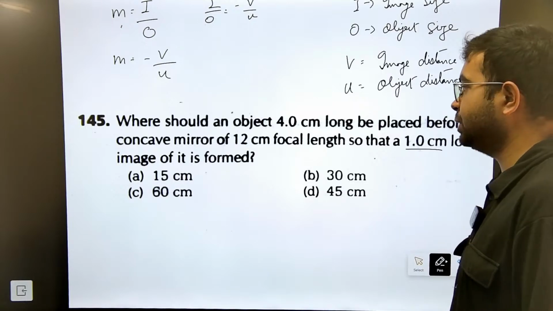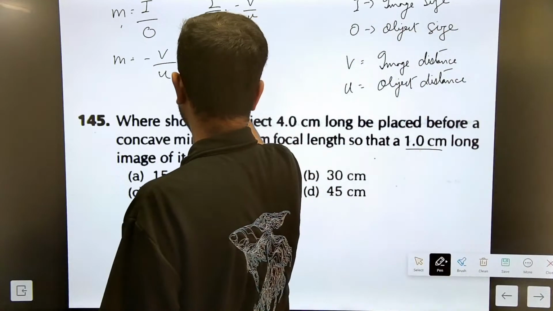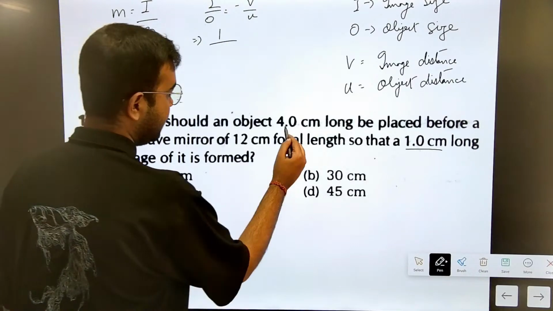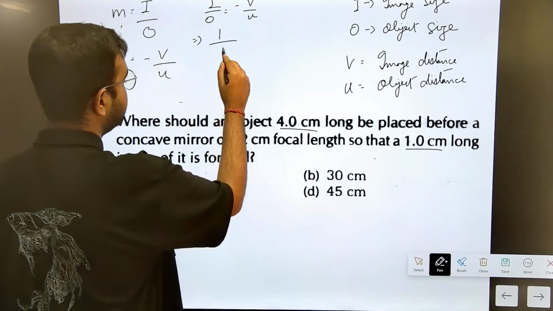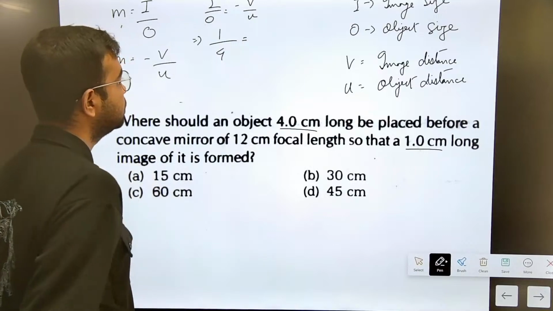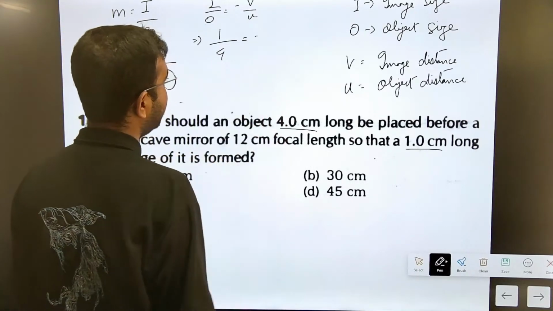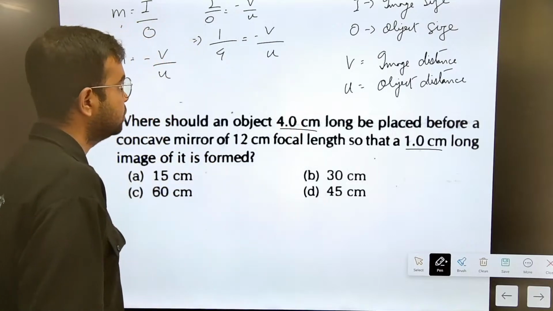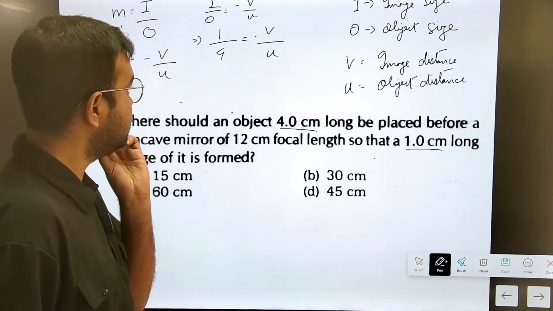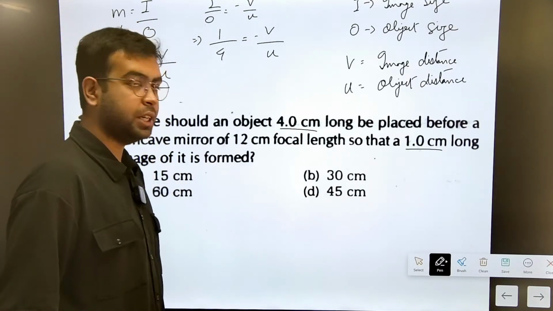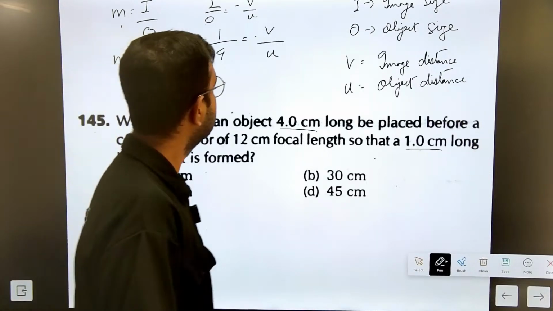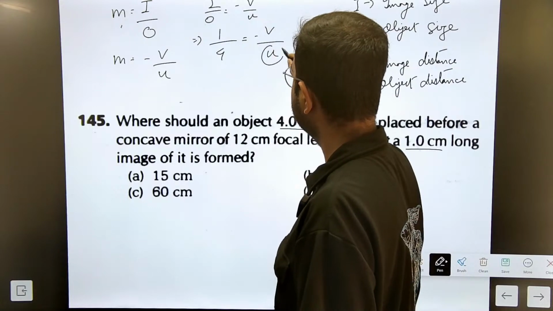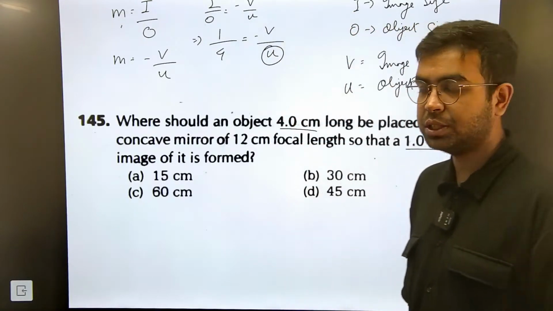Image size in the question is 1 centimeter, ठीक है. 1 by ऑब्जेक्ट साइज क्या दिया है? 4 सेंटीमीटर, बाई 1 by 4 इक्वल टू माइनस V by U, ठीक है. अभी वी नीड टू फाइंड आउट व्हाट इज द वैल्यू ऑफ U, है ना? व्हाट इज द वैल्यू ऑफ U?